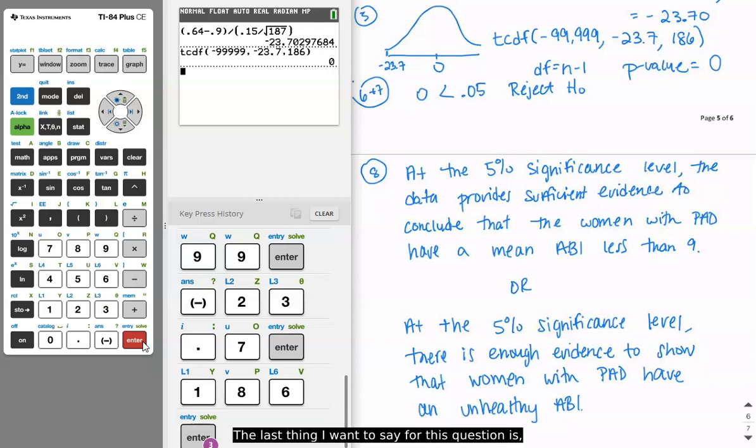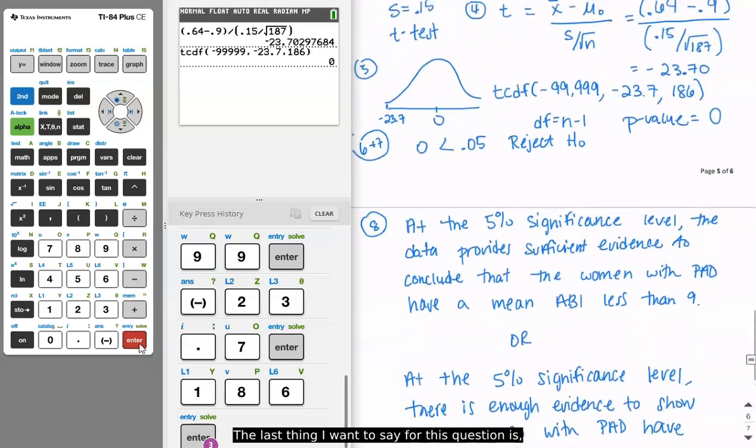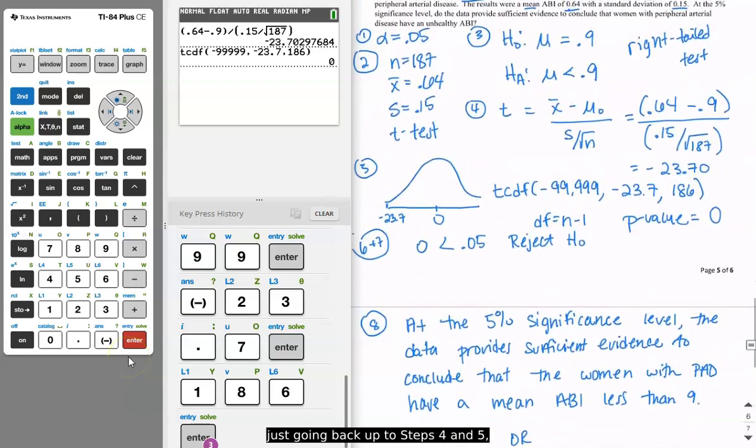All right, so the last thing I want to say for this question is, going back up to steps 4 and 5, like we saw with our z-test, we can actually do a t-test here and not have to plug everything into the formula. So we can skip step 4 and really step 5. We can still draw our picture, but in terms of the tcdf, we can do this on the calculator.